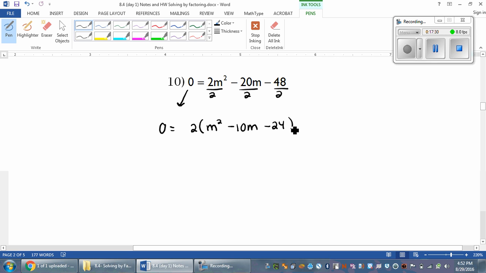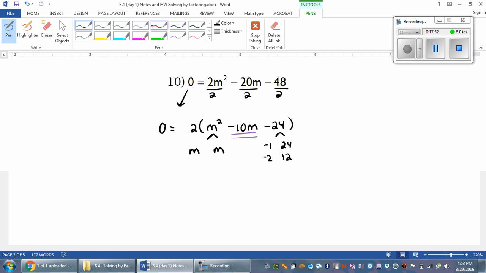From here, you should always check to see if you can factor your leftovers. So m squared, my factors are m and m. And I'm looking for factors of negative 24 that I'm going to add to negative 10. So remember, numbers that multiply to a negative number, one's positive, one's negative. So let's look. Negative 1, 24. Negative 2, and 12.